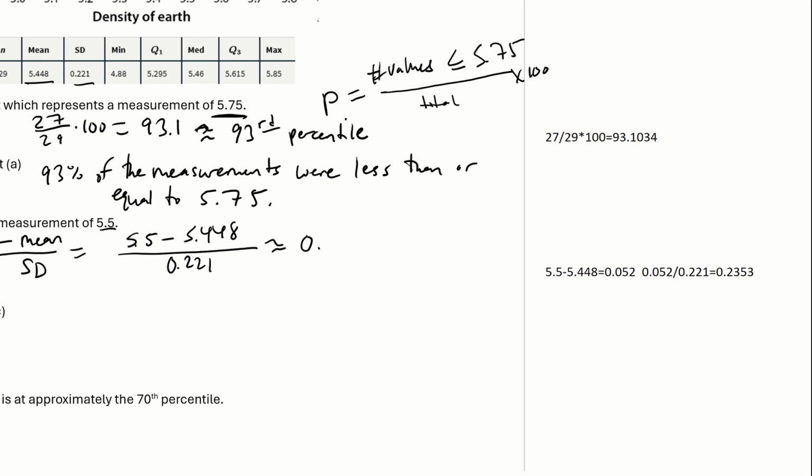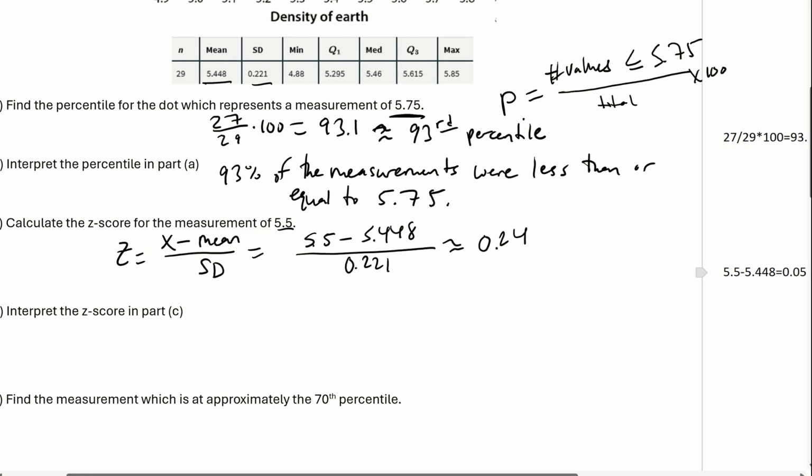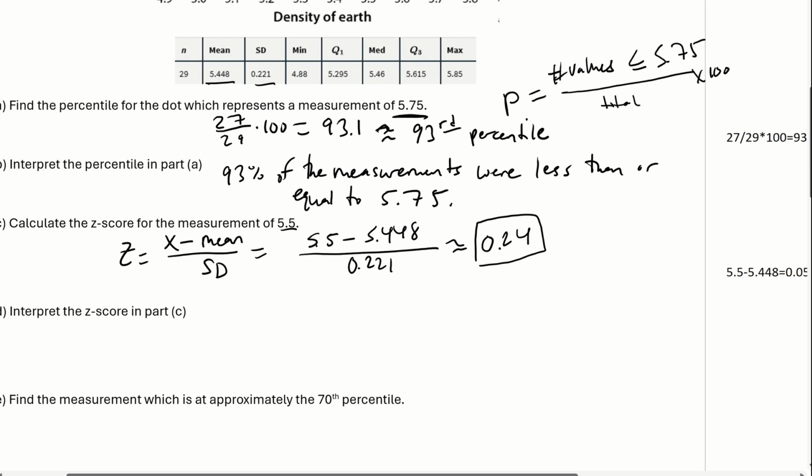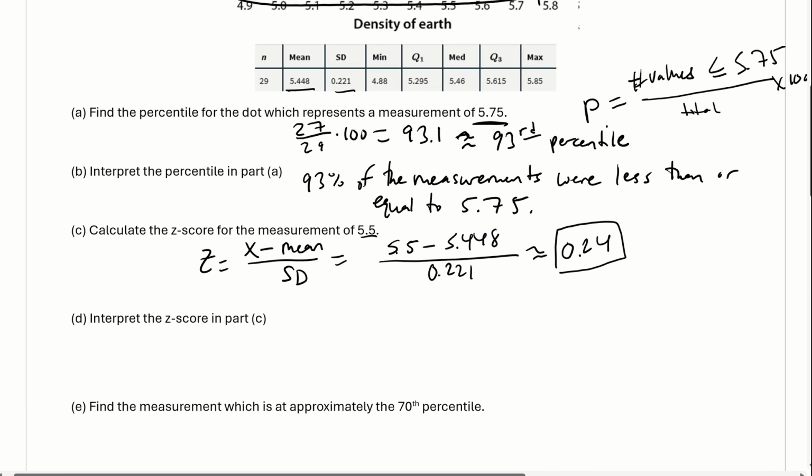Okay, so we got 0.24, approximately, rounding that. And that's my z-score. And now we want to interpret the z-score. So this means the number of standard deviations, 0.24. So that means we're 0.24 standard deviations above the mean. So that's how you interpret the z-score: it tells you the number of standard deviations above or below the mean.